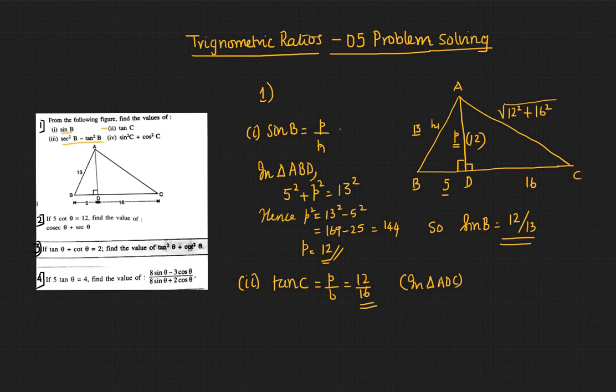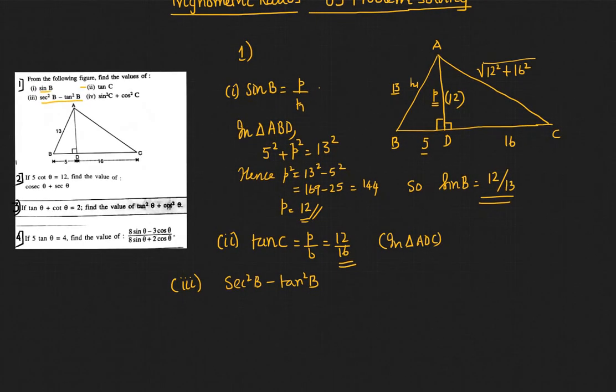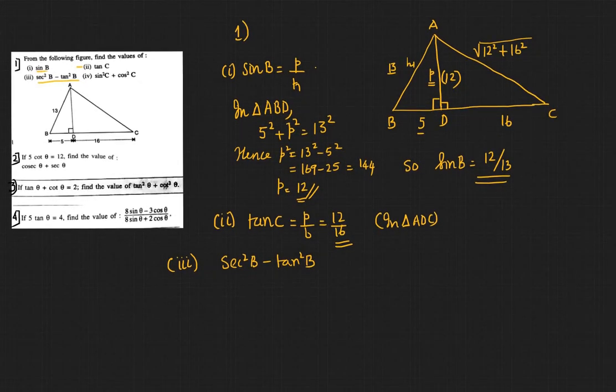What is sec squared B minus tan squared B? So let's find out. I would urge you to pause the video and try to find out what is the secant of B and what is the tan of B in triangle ABD.